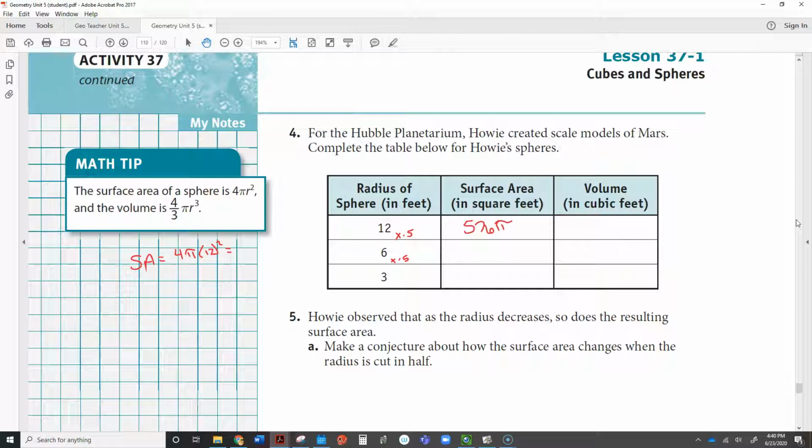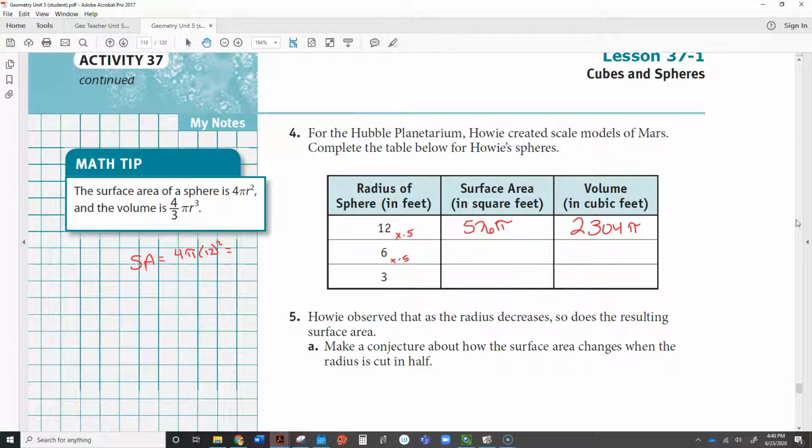Okay, and then we can go ahead and do the volume by taking 4 times 12 cubed and then dividing that by 3. And that is 2,304 pi.